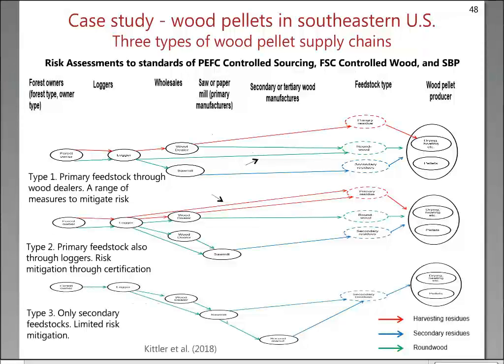Still, type 2 mainly uses certification, whereas there's a wider range of systems being used by type 1 producers, and again, more limited use of these risk mitigation systems if it's a secondary feedstock, presumably because they are more often assessed with low risk.